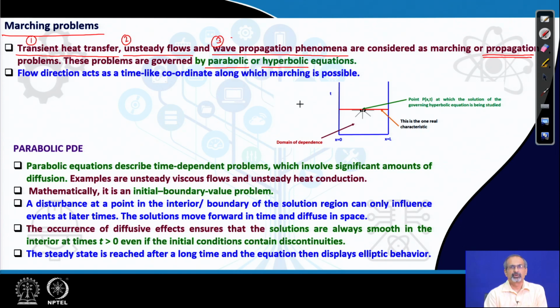And when you are talking about a flow problem, then the flow direction acts as a time-like coordinate along which marching is possible. You remember that the behavior of the parabolic partial differential equation, or for that matter all three categories, was shown in the x t plane, where time was interpreted as the marching coordinate.